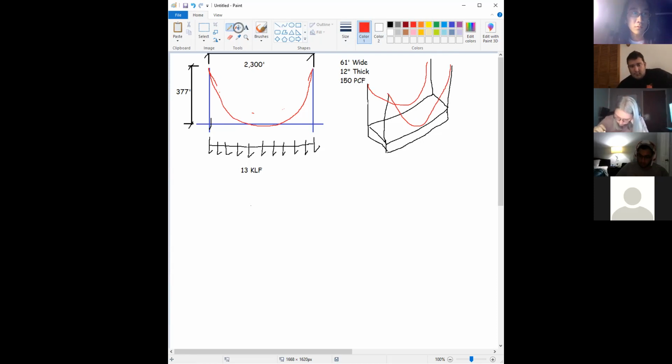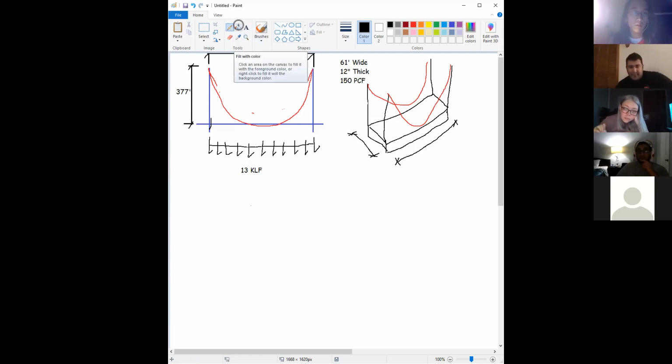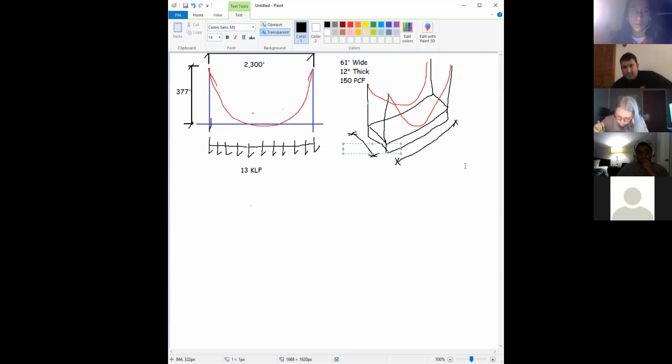Okay. In real life, that bridge would collapse. It's only 12 inches thick. Whatever. There's a math problem.